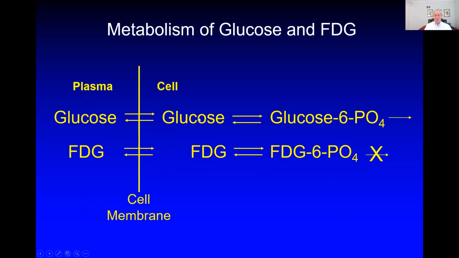I mean, glucose is a carbohydrate. All it's got in it is carbon, hydrogen, and oxygen. It ends up as carbon dioxide and water. FDG is phosphorylated one step, and that is the end of the line. It can't go any further. It can't be metabolized. Therefore, it is stuck in the tumor and can't get out. And that's why it's called trapping, metabolic trapping.